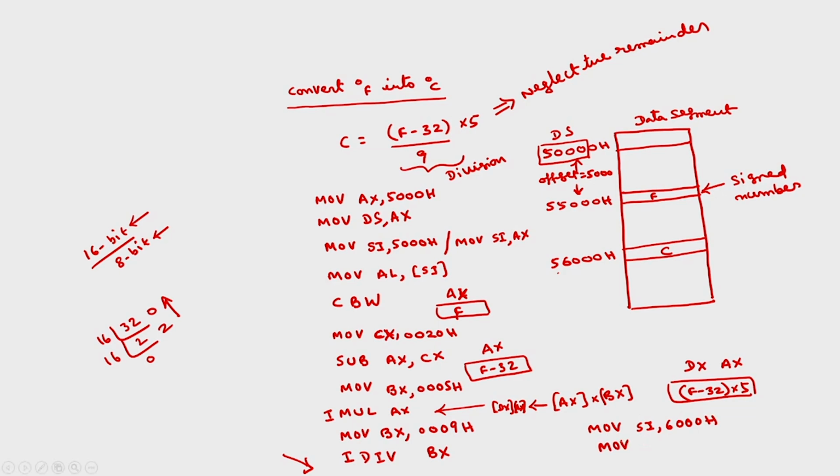So this remainder we are going to neglect, quotient will be there in AX. Okay. So that I am going to store in SI. This is the program which converts the Fahrenheit temperature into centigrade temperature, which is a direct formula computation.